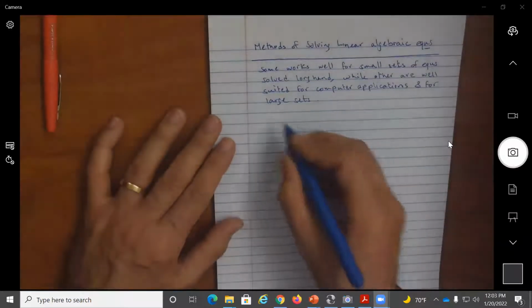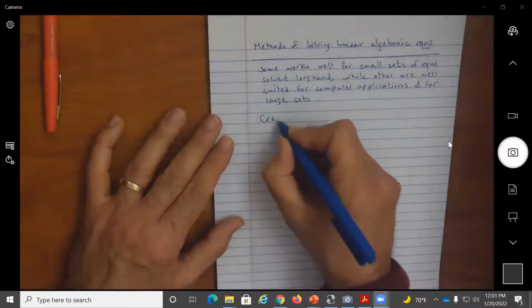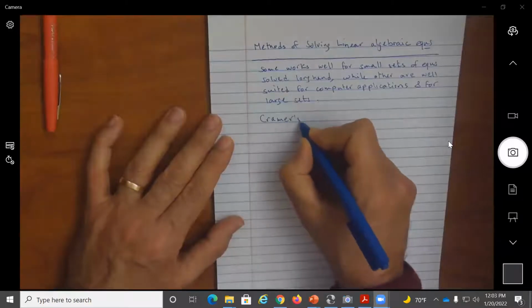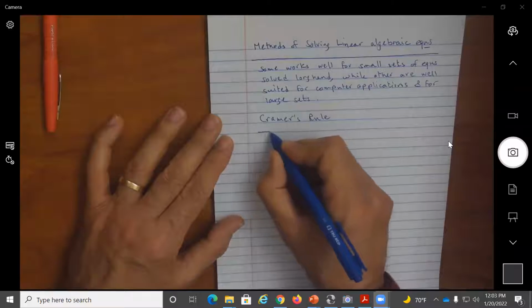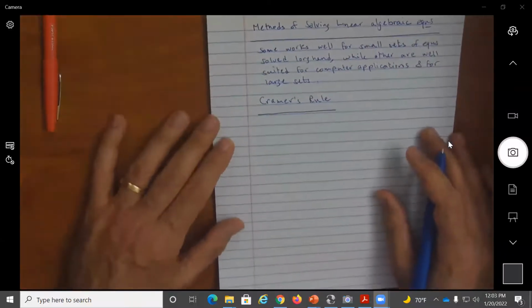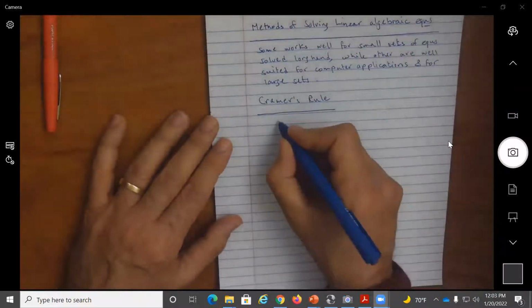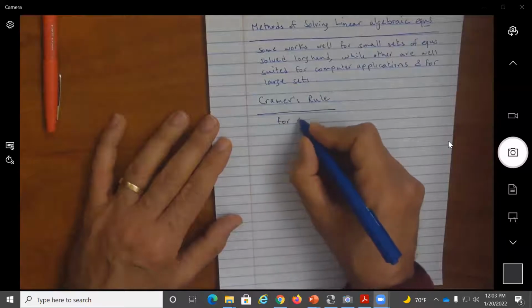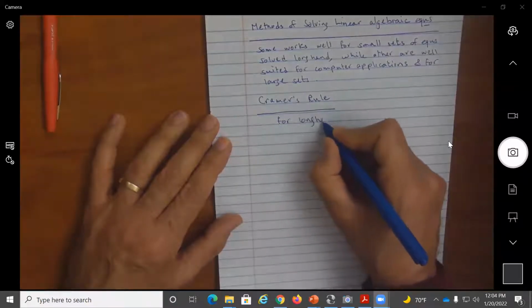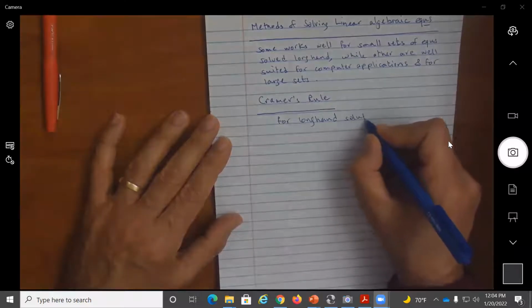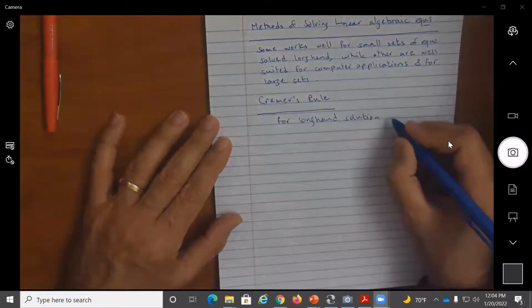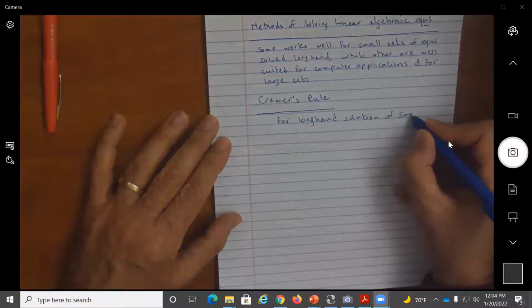So the first one we're going to look at would be Cramer's rule. And this is suitable for longhand solution of small sets.